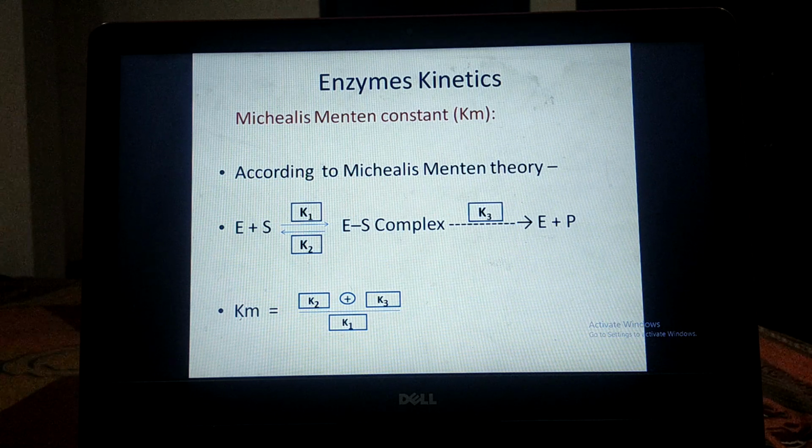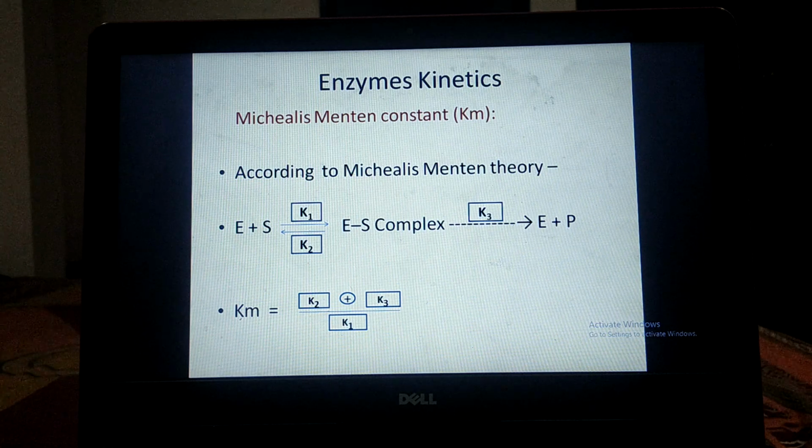That means either the enzyme substrate complex is broken down into enzyme and product, or it may break back reversibly into enzyme and substrate. Suppose 100 molecules of ES complexes are formed in 1 minute, and out of that, if 25 molecules of ES complexes are broken down into enzyme and product, then the remaining 75 ES complexes are broken down back into enzyme and substrate. That means the formation of ES complex is equal to its breakdown.